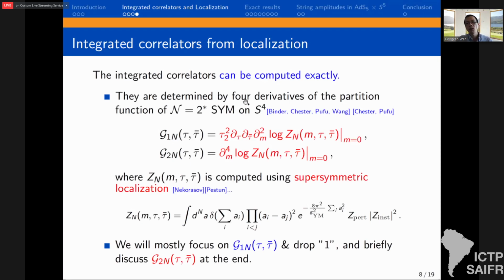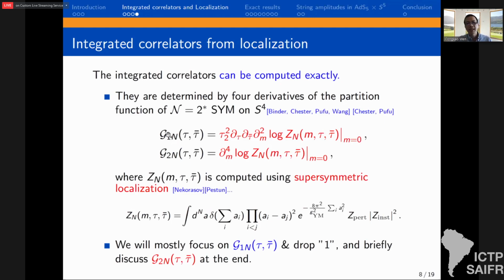This was made possible by realizing a relation between this integrated correlator and the partition function of N=2* super Yang-Mills on S4. The relation is given here. N=2* super Yang-Mills is basically N=4 super Yang-Mills deformed by a mass.